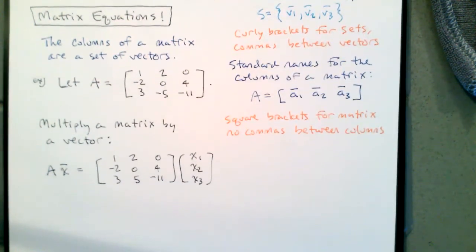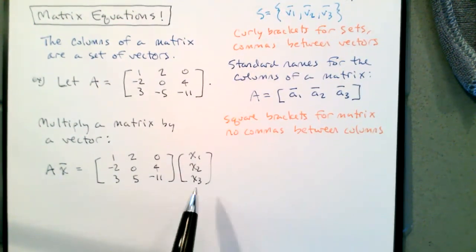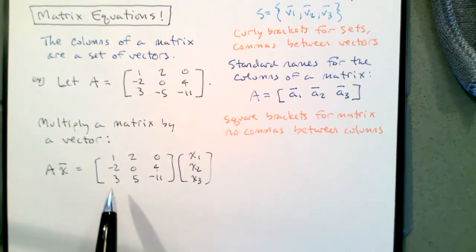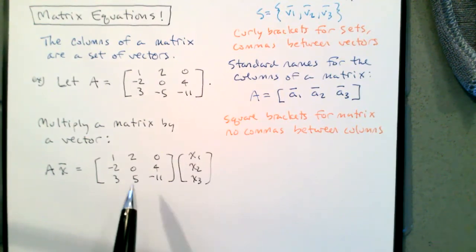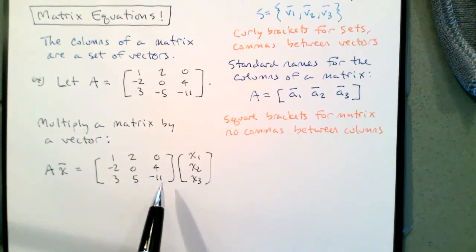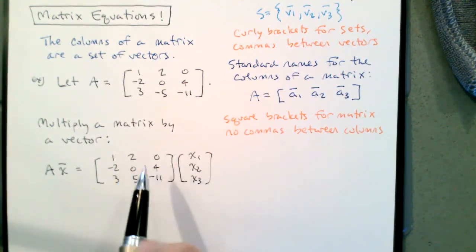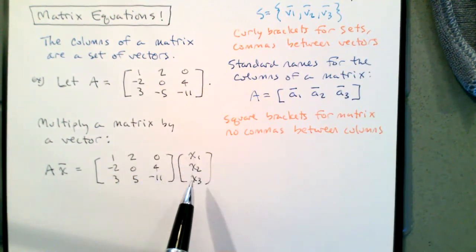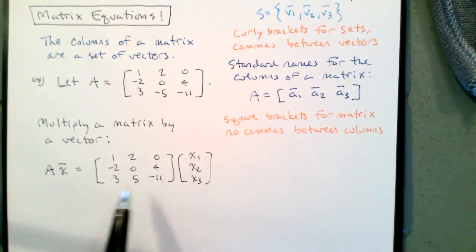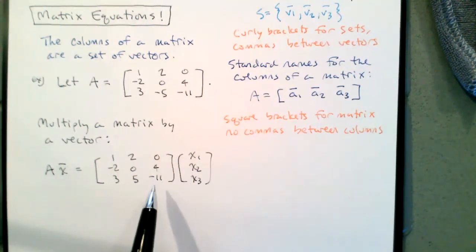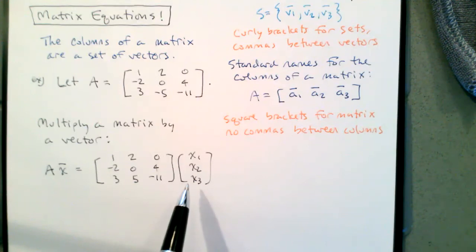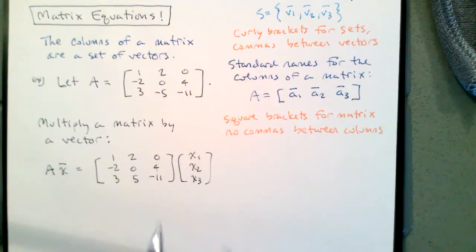And here's how we're going to think about multiplying a matrix by a vector. Remember that the columns of a matrix is a set of vectors. So if I multiply a matrix, this set of vectors, by a column, I'm going to make a linear combination of the columns of A using the entries in x as weights.